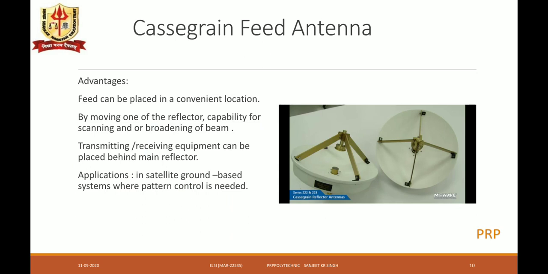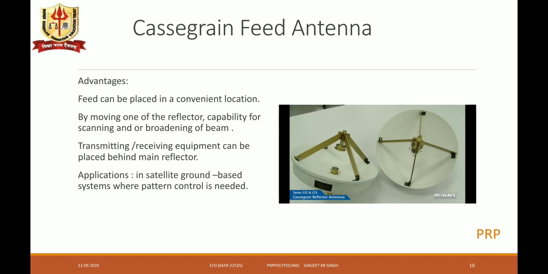What are the advantages? The feed can be placed in a convenient location, as we can see in the adjacent diagram. The capability for scanning or broadening the beam can be achieved by moving one of the reflectors, either the secondary or the primary reflector.